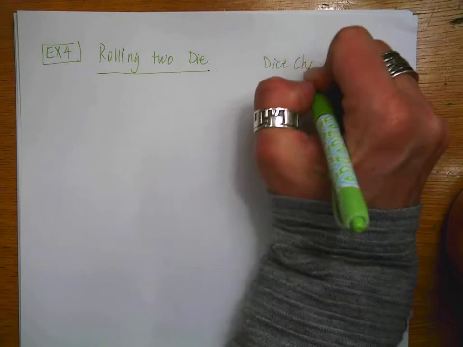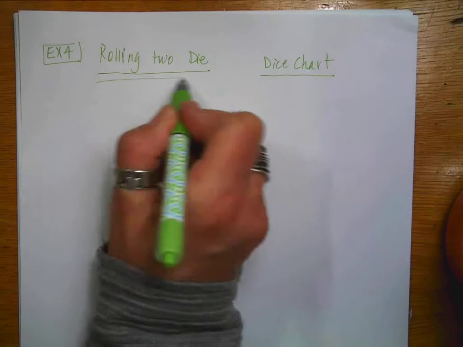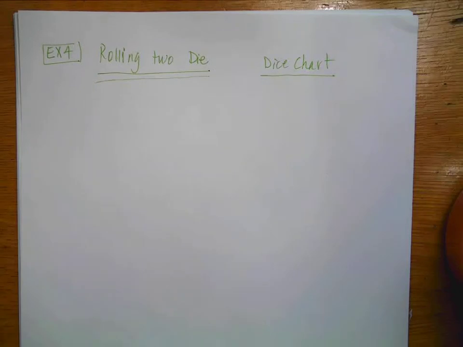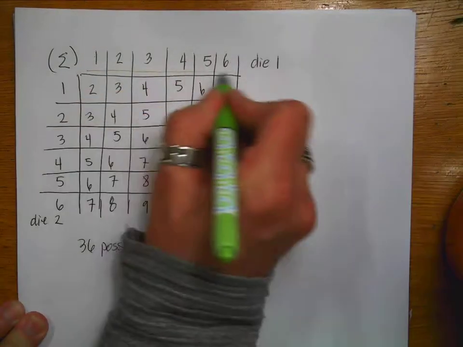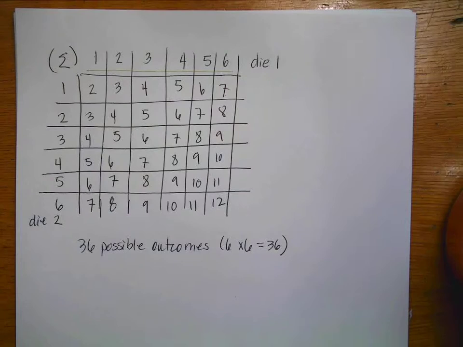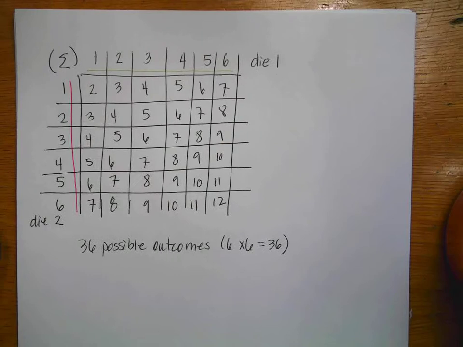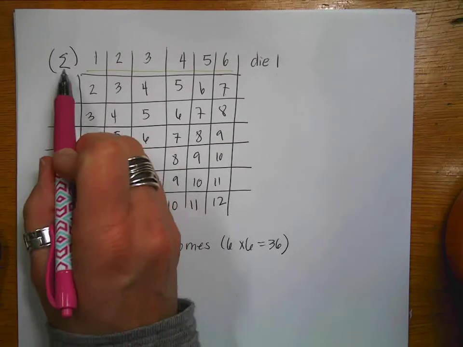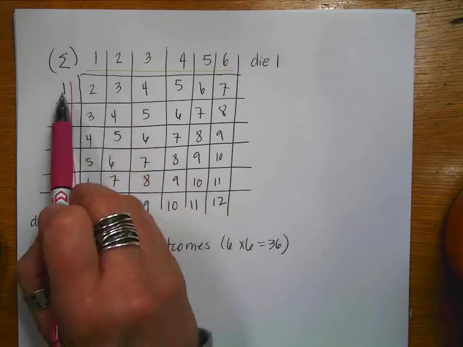I call it a dice chart, and I think when you are managing rolling 2 die, it is easier to do a dice chart. So I'm going to show you my handy-dandy dice chart. So this group of numbers up here would be the numbers that you could get from the first die. These numbers over here would be the numbers from the second die. And then in this particular dice chart, I summed up the 2 numbers.